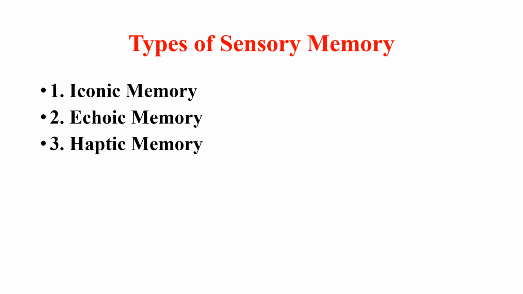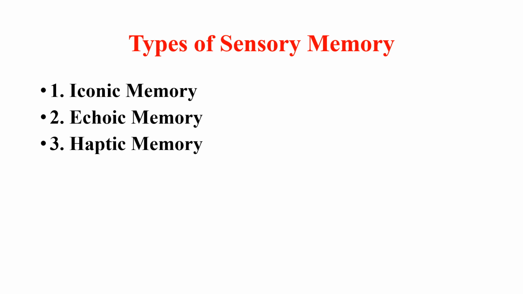Types of sensory memories. There are three types of sensory memories. The first one is iconic memory, the second one is echoic memory, and the third one is haptic memory. The thing here is that we have sense channels like visual stimuli, hearing stimuli, and haptic stimuli, and for each there is a respective sensory memory. There exists a sensory memory for every sensory channel.